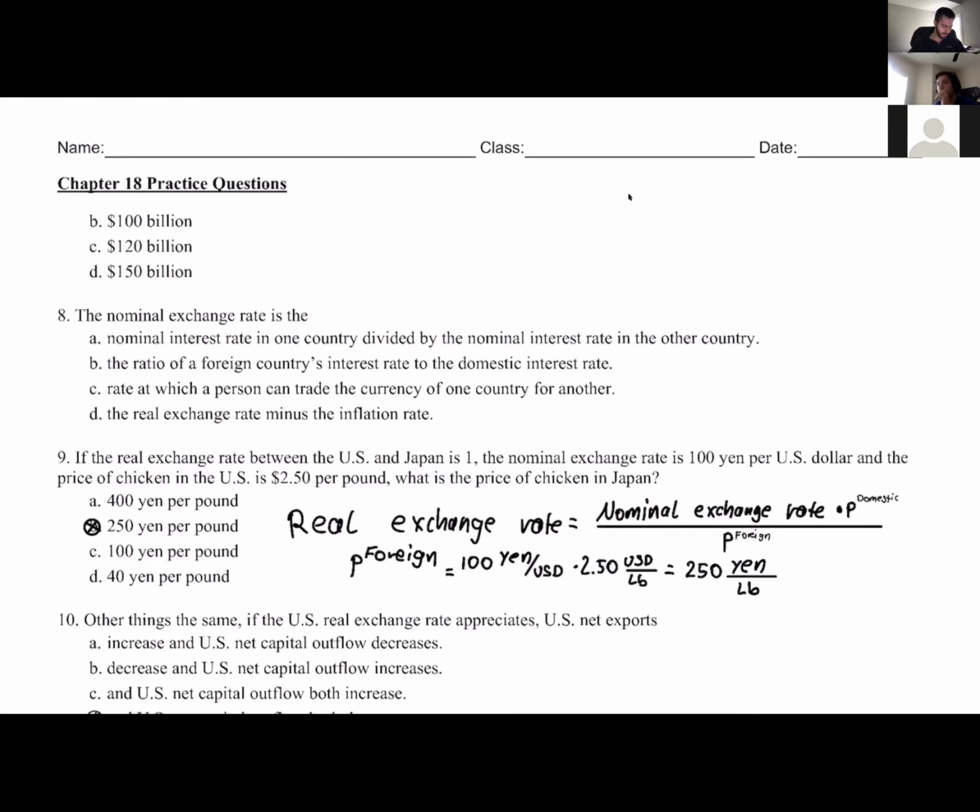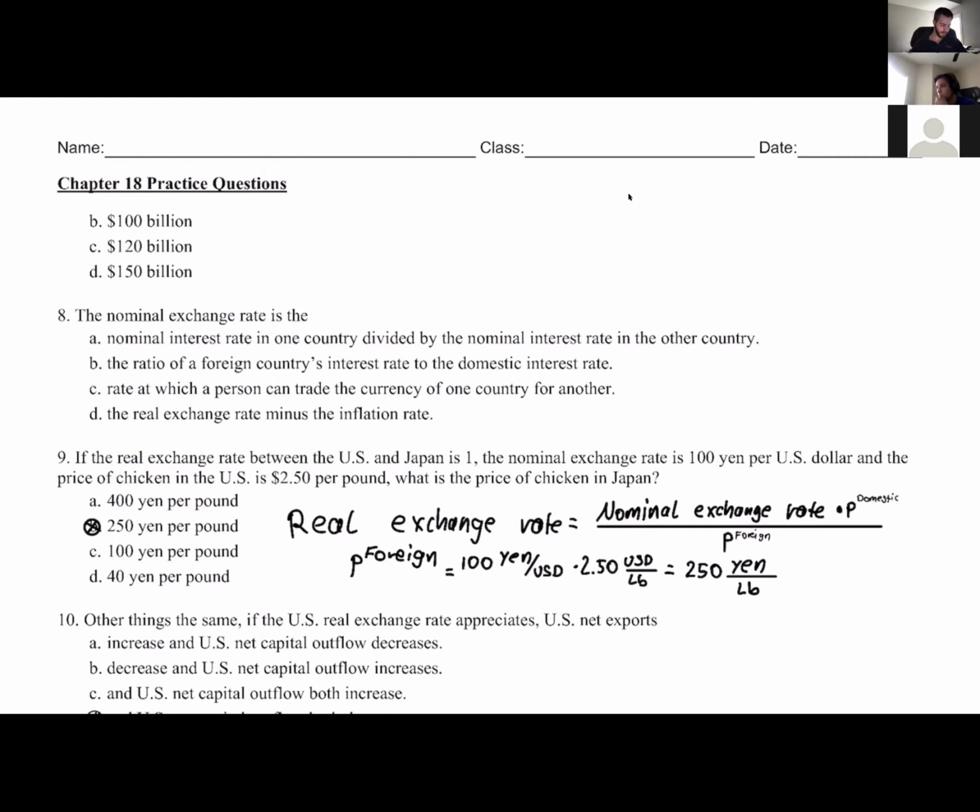They're saying if the real exchange rate between the US and Japan is 1, the nominal exchange rate is 100 yen per US dollar, and the price of chicken in the US is 250 per pound. What is the price of chicken in Japan? You could probably also write this formula on your own if you really think about it, but I just wrote it down in the correct form.